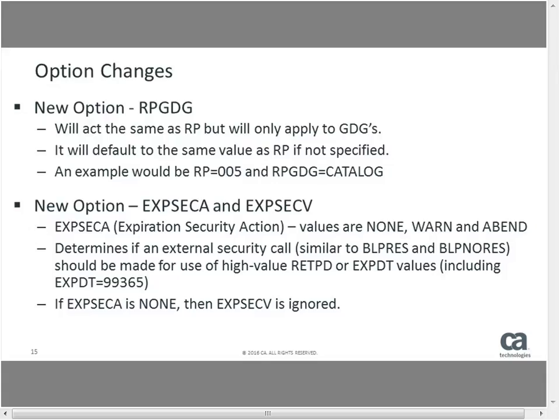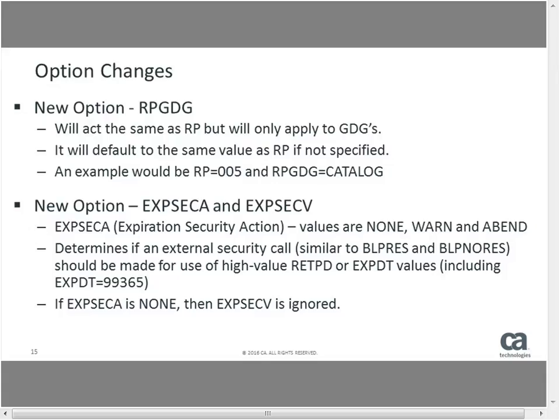We also created an EXP Sec A and an EXP Sec V. This is the ability to control the usage of high expiration date values in the JCL through the external security system. We will do an external security call either none of the time, in warn mode only, or in add-in mode, and we will do that security call whenever the JCL specified retention period or expiration date exceeds the value you specified.